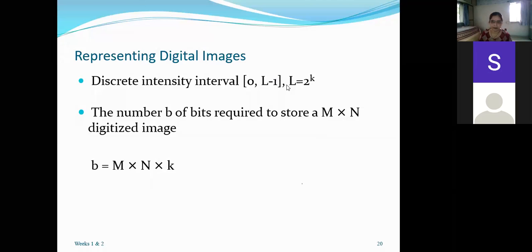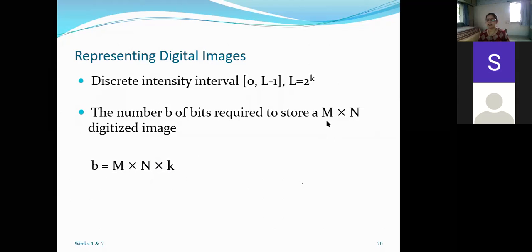Now for a particular image, if the image size is m by n, the total number of bits required to represent that image is b equal to m into n into k, where m is the number of rows, n is the number of columns in the image, and k represents the number of bits used to represent a pixel.